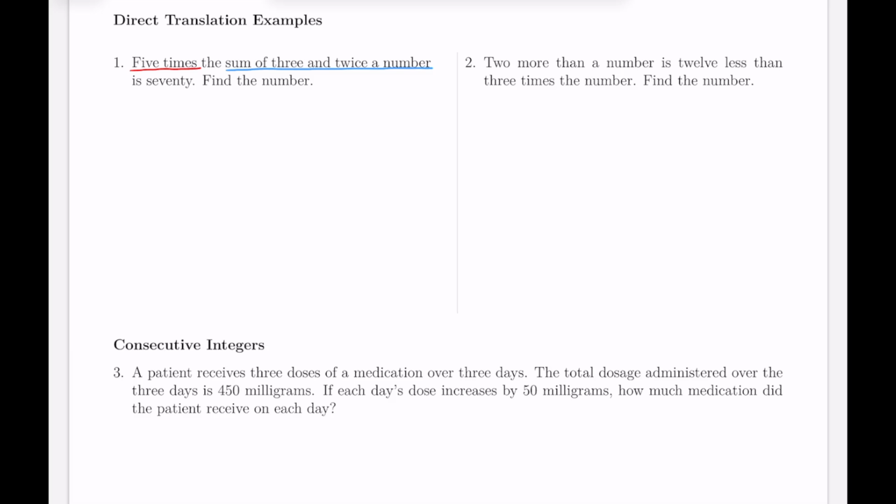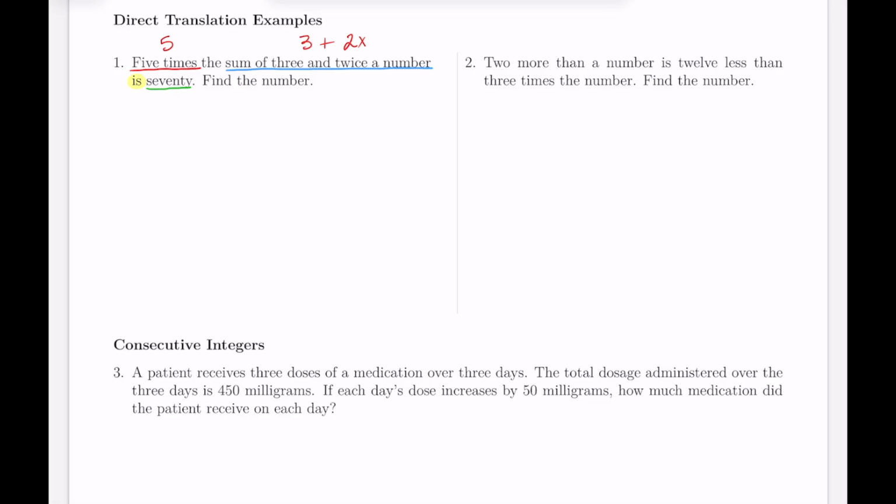Then another thing that I see is very important is this word is. When I see that word is, I know that that's math, right? That's math for equals. Or I should say that's English for equals. And then I also have is 70, right? So 5 times, that just means 5. And I'm going to be multiplying it times the sum of 3 and twice a number. Well, twice a number would be 2x. And it says the sum of 3 and twice a number, so I need to add those together.